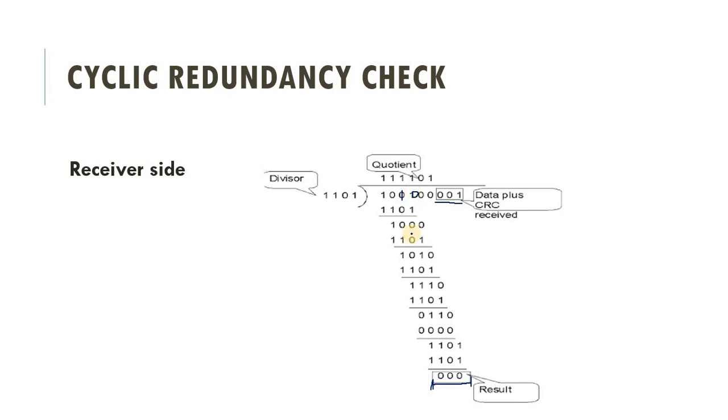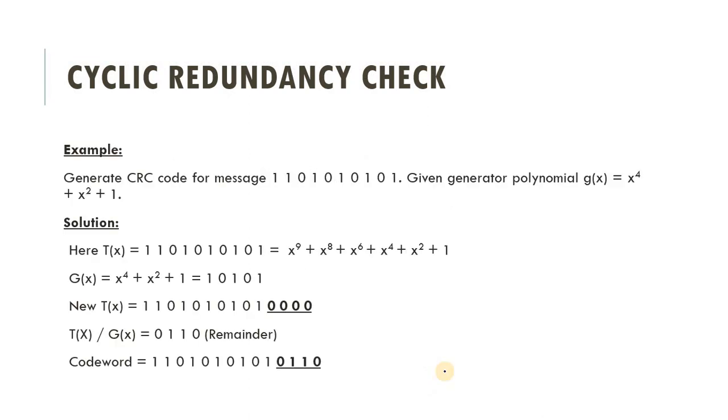In that situation the remainder can't be 0. If we change any bits in our data, then the remainder value doesn't become 0. So we can easily identify whether our message is corrupted or not. That is how we can detect errors by using the cyclic redundancy check.